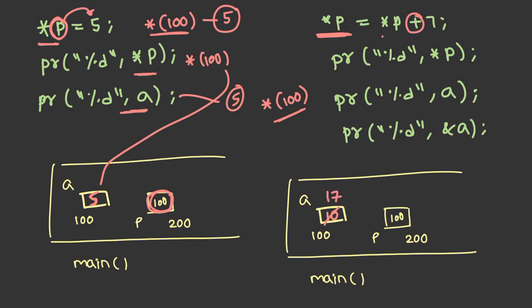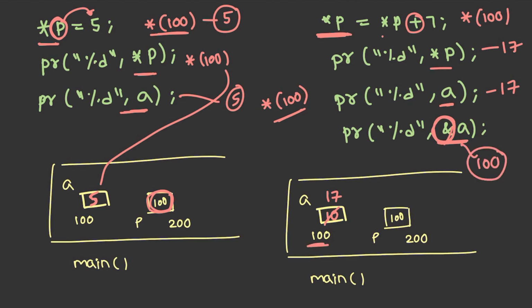Now if I try to print the content at the location of 100, it is equivalent to 17, and if I try to print the value of A, it is also equivalent to 17. If I try to get the address of A, ampersand, just remember ampersand is used to get the address. So if I try to get the address of A, it is 100. So 100 will be printed here.